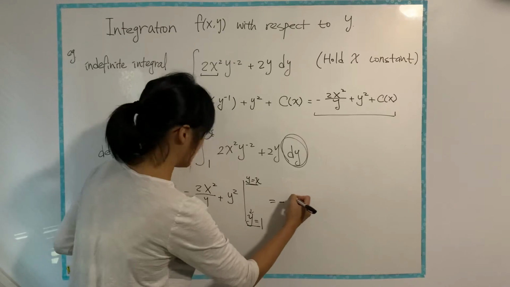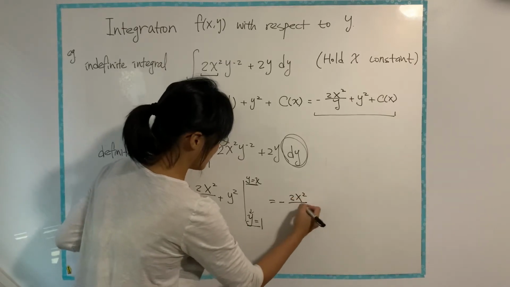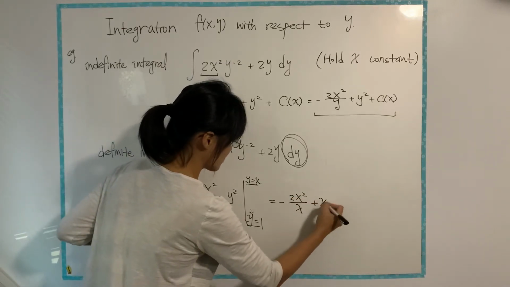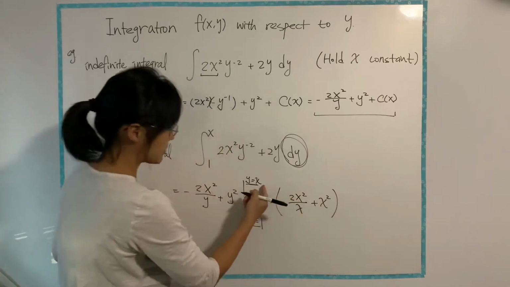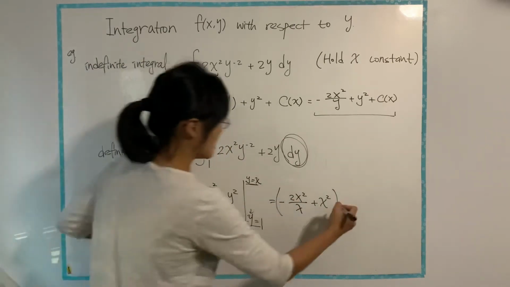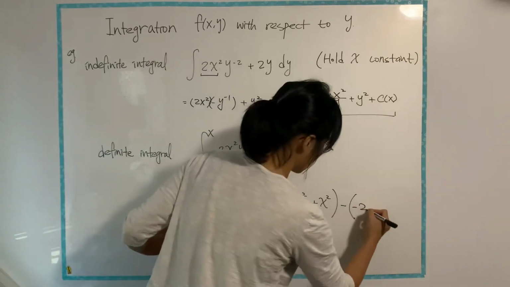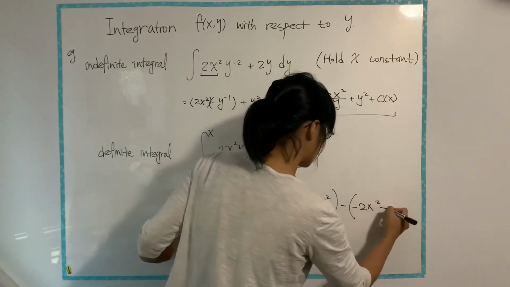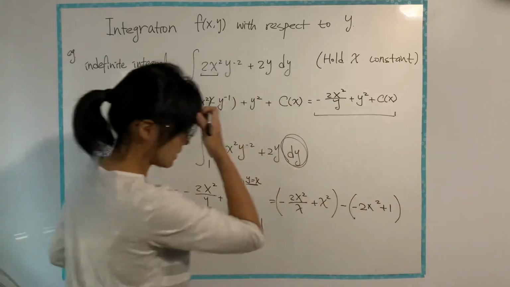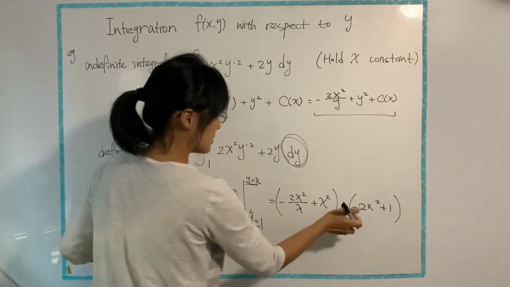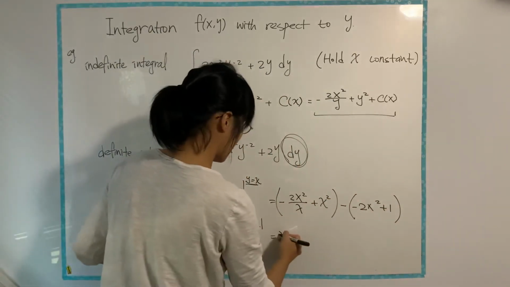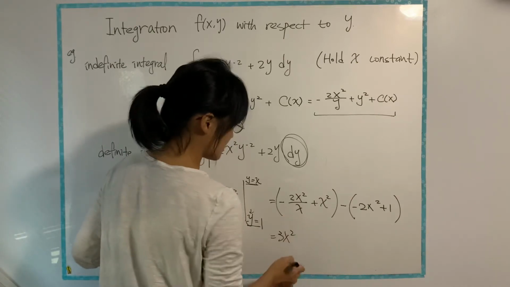So here minus 2x squared over x plus x squared. So I plug the upper bound into the y minus the lower bound into the y. So that's minus 2x squared plus 1. Okay? X squared plus 2x squared, 3x squared.